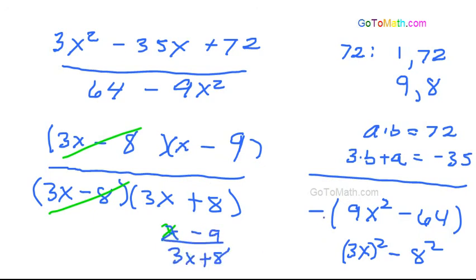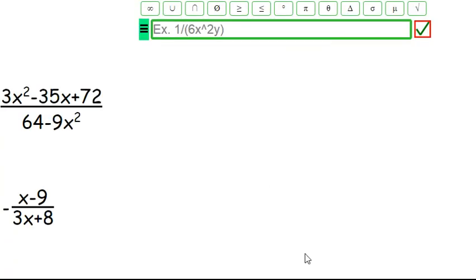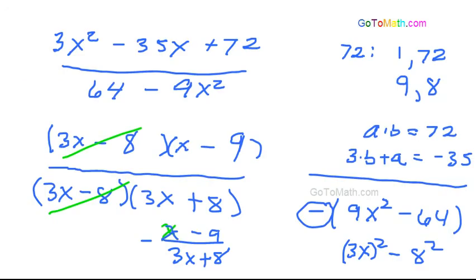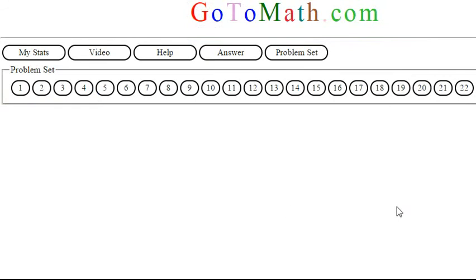I better hurry up. And remember about the negative here. Don't forget about that. So we'll throw that out front. X minus 9 over 3x plus 8. Yep, threw that up front. Alright, see you in the next problem.